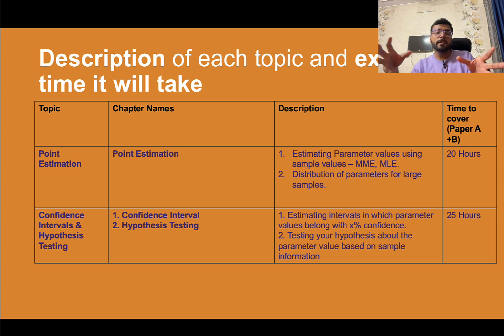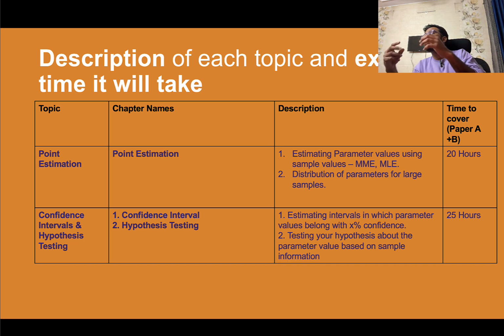And then the next topic within this unit is hypothesis testing, which is basically testing certain hypotheses about a certain population parameter. This is used a lot in the real world, particularly in the world of research, where a lot of times empirical researchers start with a certain hypothesis.